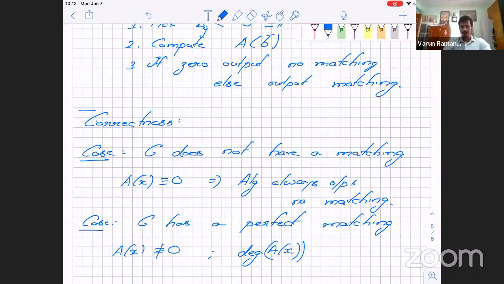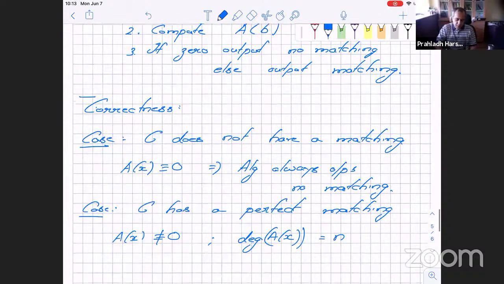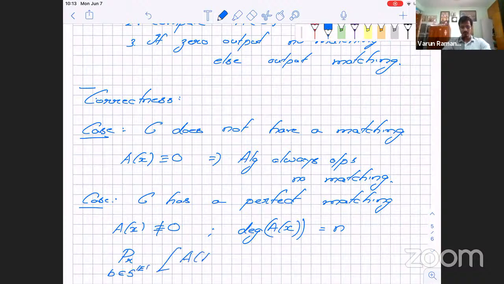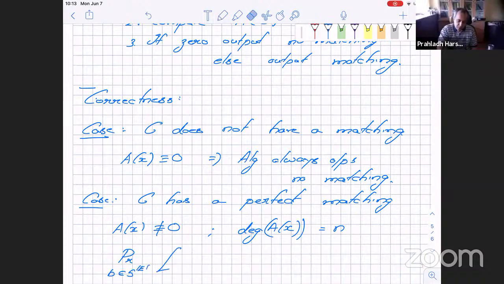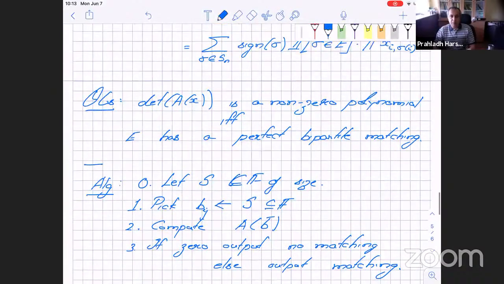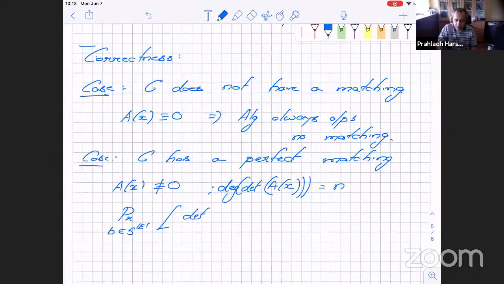It's not the degree of A(X), it's the degree of the determinant of A(X), which is n. A(X) is a matrix, and its determinant has degree n. Therefore, we are picking B at random from S, and asking what is the probability that the determinant of A(B) is 0?